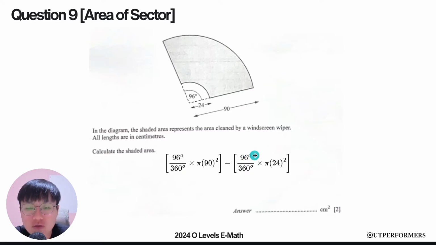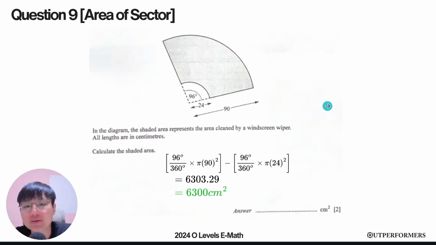Same for this. Take the proportion, then multiply by pi r squared, which is the area of circle of the small one, and you should get 6,303.29. Okay, and then corrected to 3SF is going to be 6,300 square centimeters.